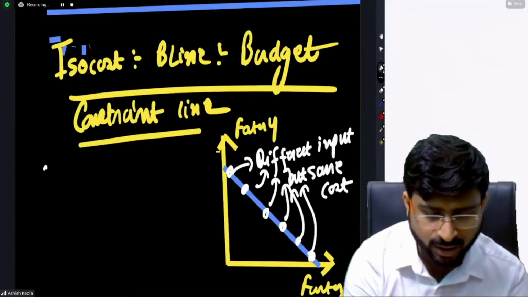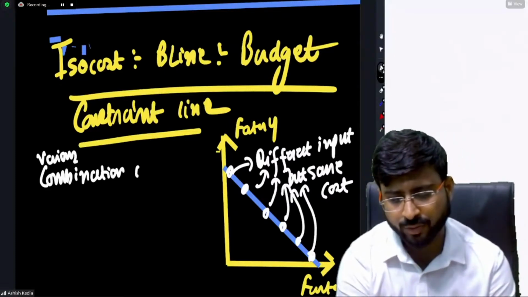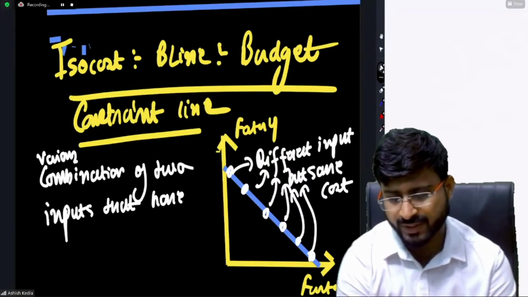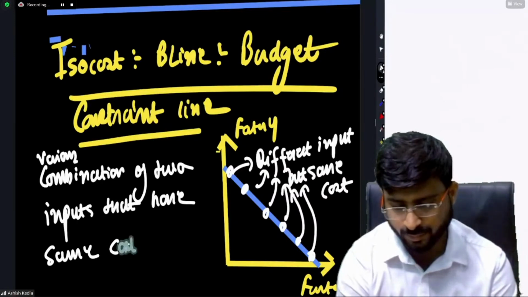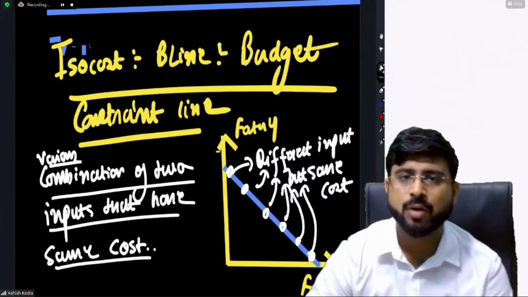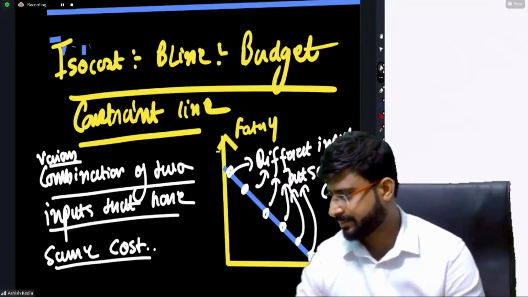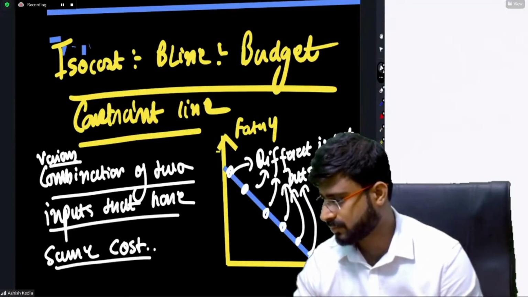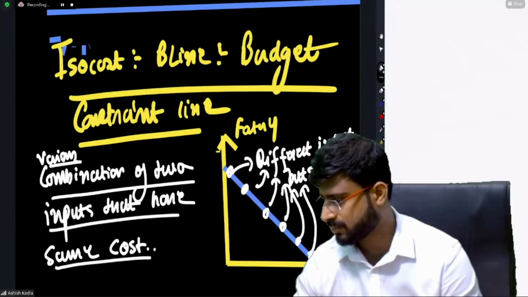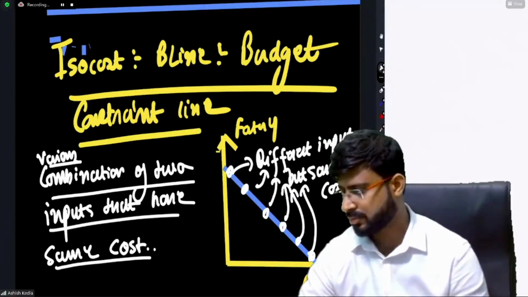Isocost is various combinations of, write down everyone along with me, isocost represents various combinations of two inputs that have the same cost. Understood, sir. Very good.